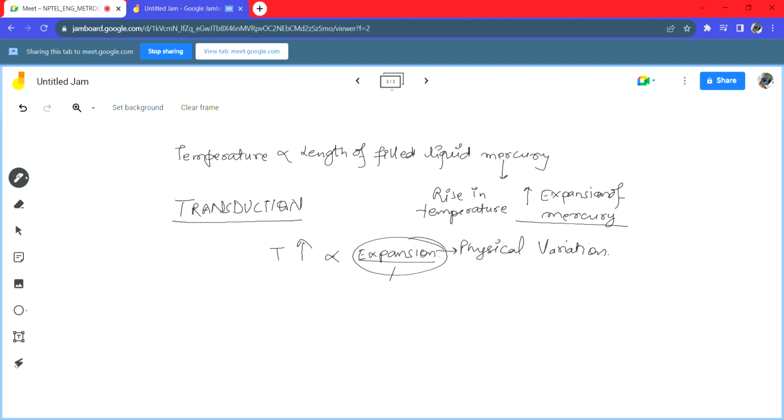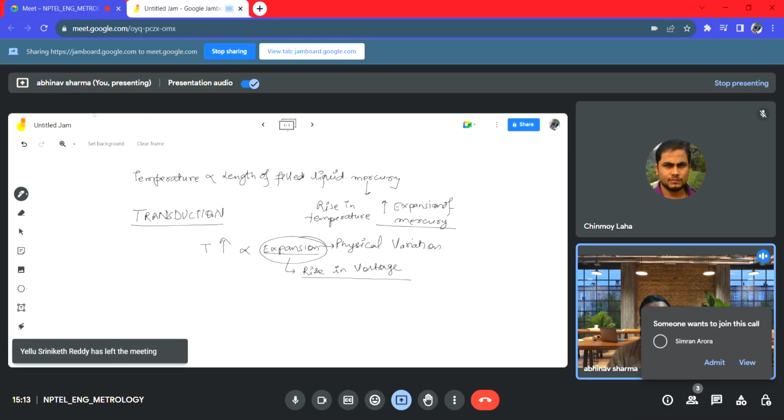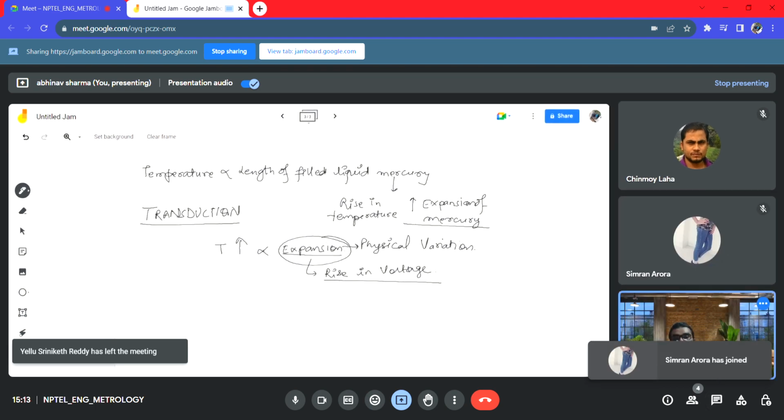If instead of this expansion we would have got a rise in voltage, it would have been a typical example of a transducer. So although these mercury thermometers are not transducers, their behavior is almost similar.